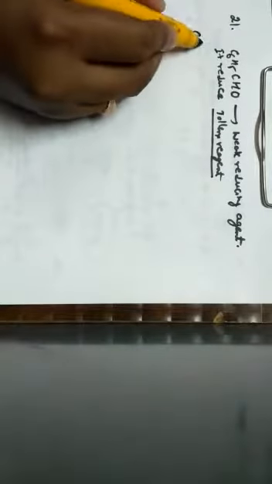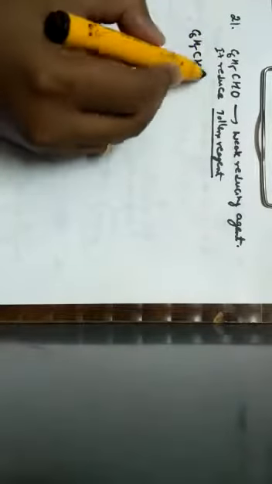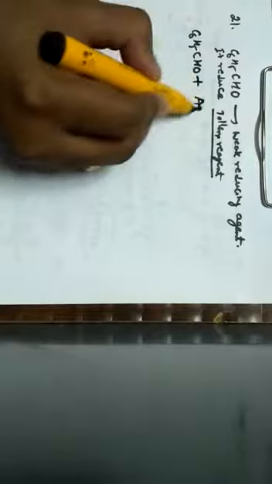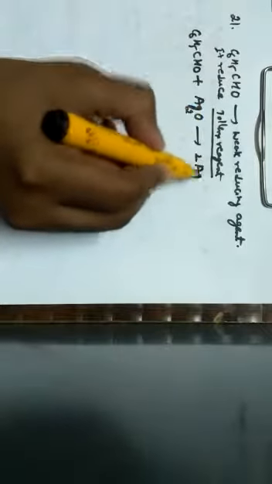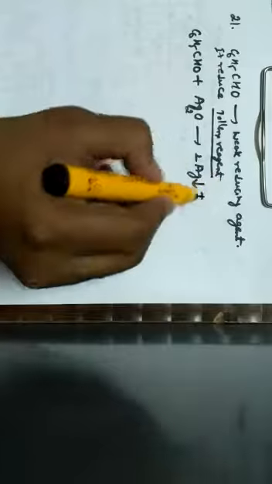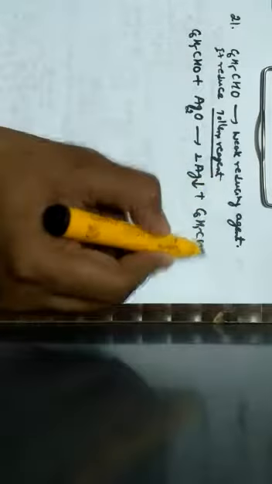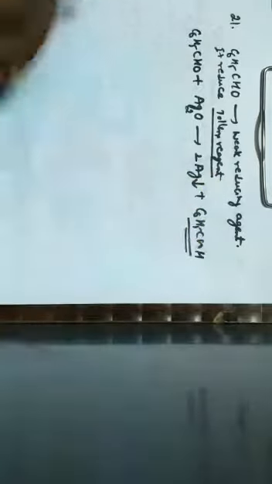So when I write the reaction of benzaldehyde, C6H5CHO, with the Tollens reagent, that is ammoniacal silver nitrate solution, it gives rise to silver metal along with the formation of C6H5COOH.